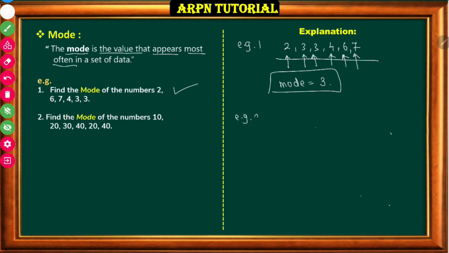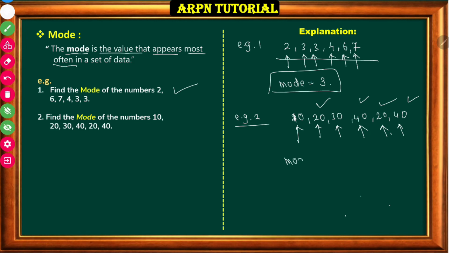Example number 2: 10, 20, 30, 40, 20, 40. If you can see, we have 10 once, 20, 30, 40, 20, 40. 20 appears twice, and 40 also appears twice.